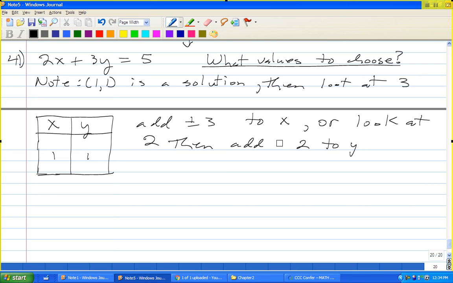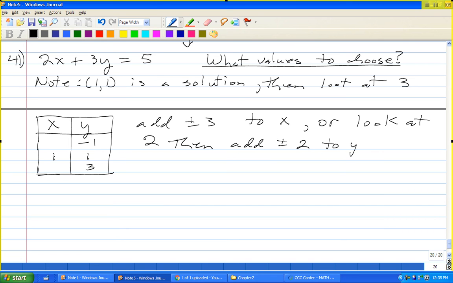So if I would have added 2, I would have gotten a 3, subtracted 2, a negative 1. Okay?